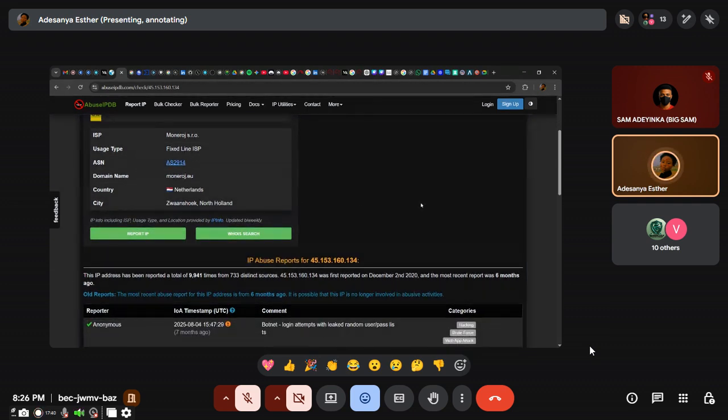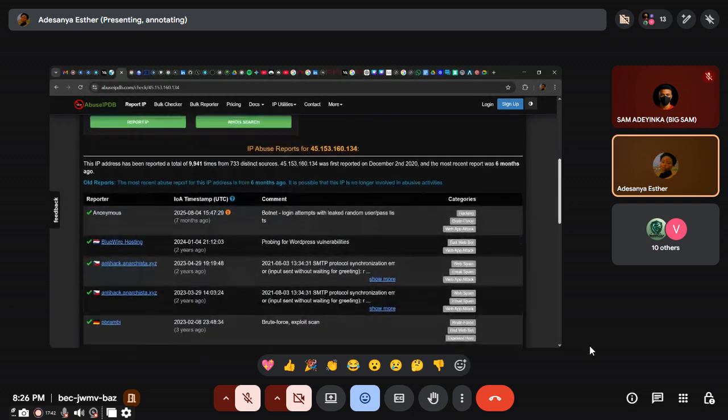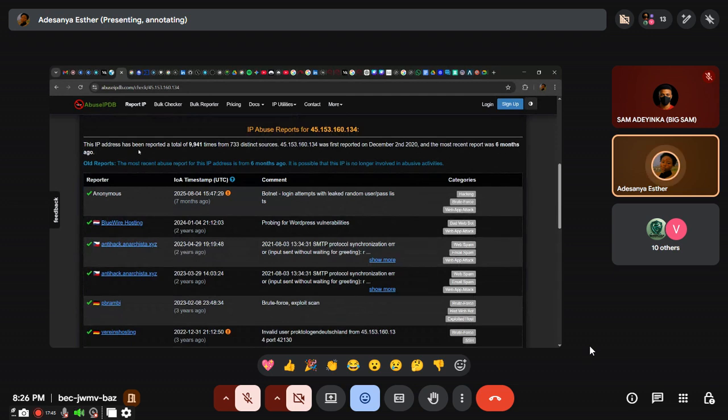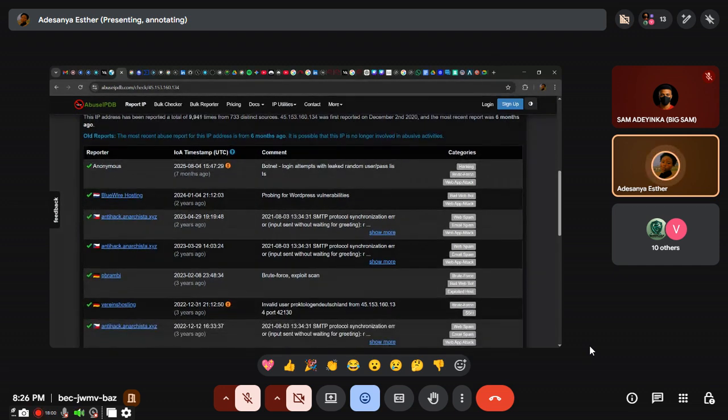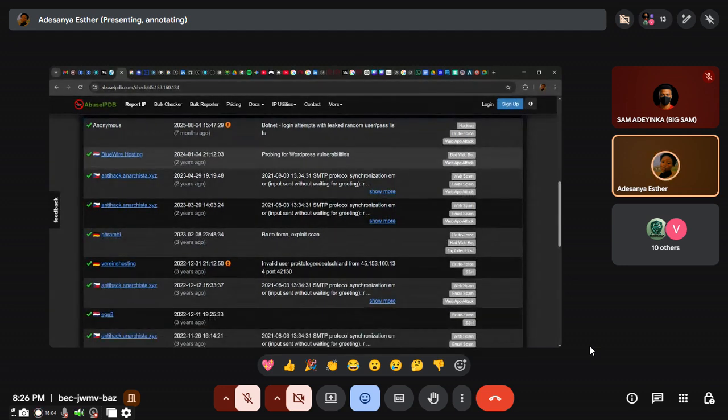You can see the number of times it has been reported: 9,941 times from 733 sources. The last time it was reported was 7 months ago. And you can see the categories: hacking, brute force, web attack, and all.